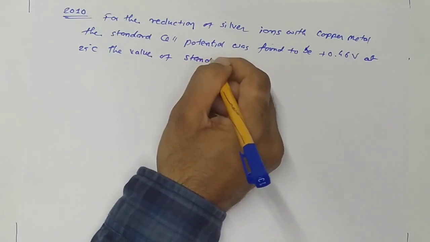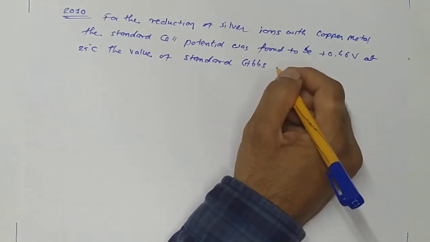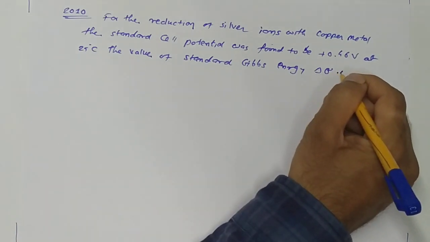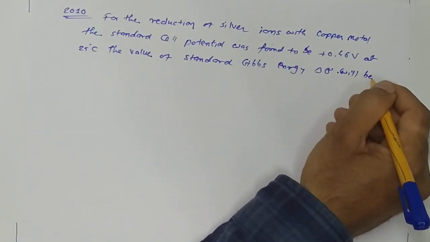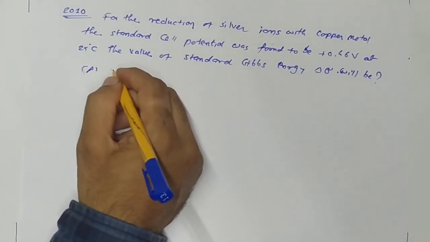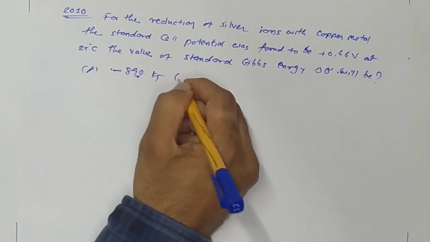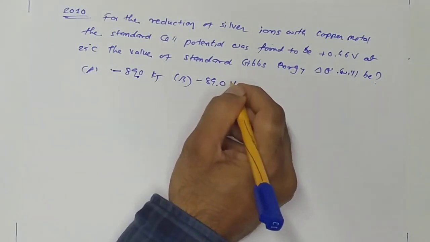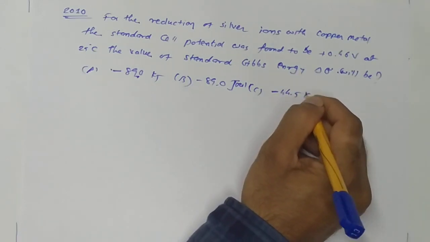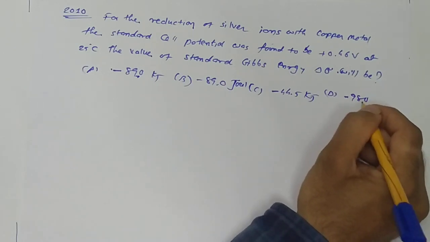The value of the standard Gibbs energy, delta G, will be: A minus 89 kilojoule, B minus 89 joule, only joule, C minus 45 kilojoule, or D minus 98 kilojoule.